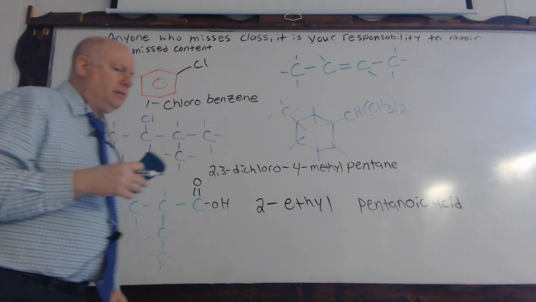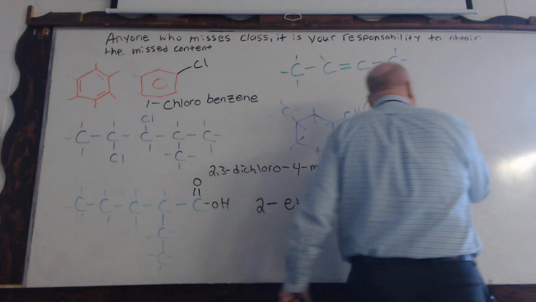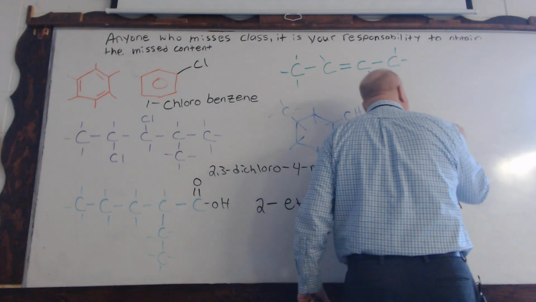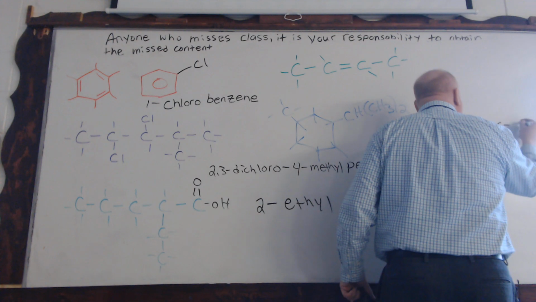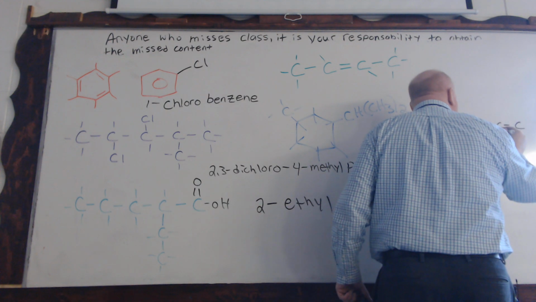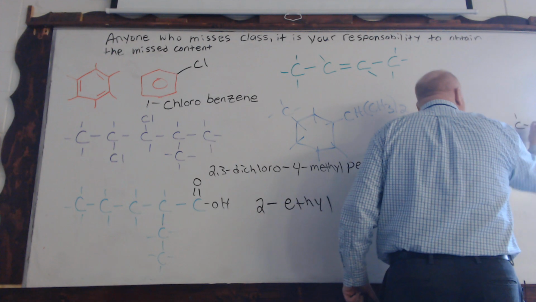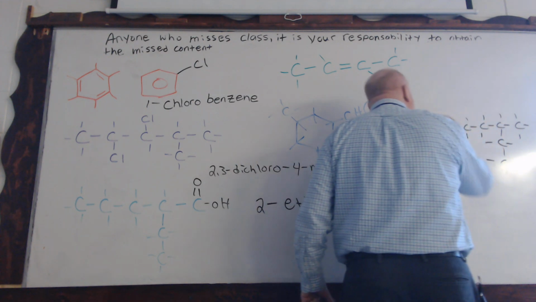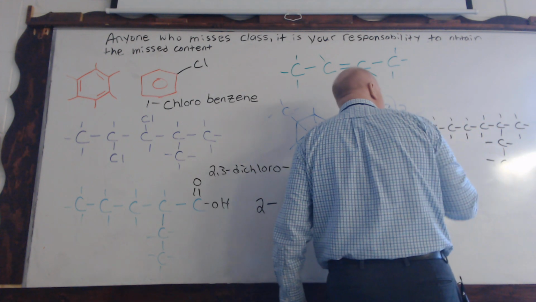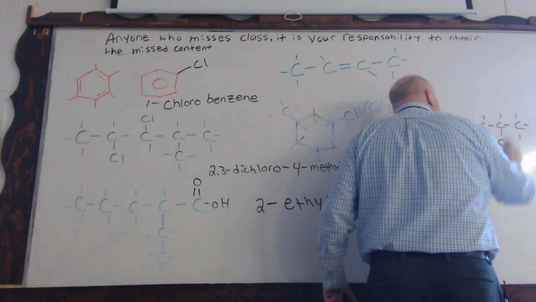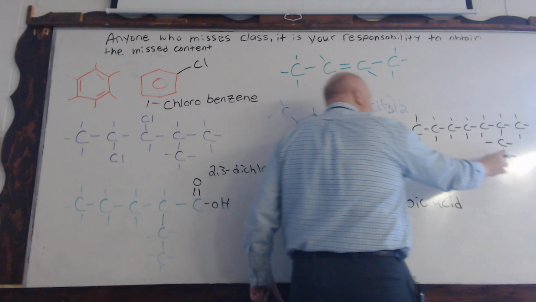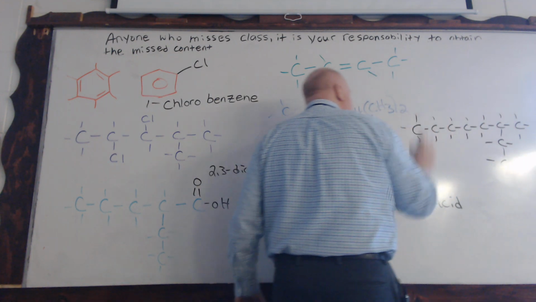And here's why. Because if we did this, okay, then we say, well, we're going to put an ethyl group on this second carbon. Okay? What is the possible problem with this? This is 7, but if you go up and over this way, it's what? 1, 2, 3, 4, 5, 6, 7, 8.